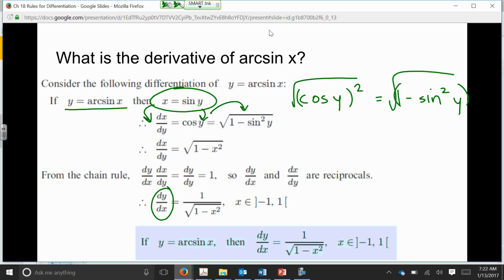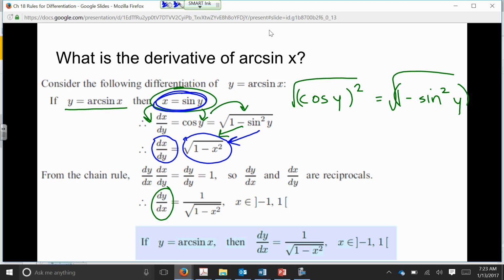The next step, going from the square root of 1 minus sine squared y to the square root of 1 minus x squared, all we're doing there is using some substitution with what we understand about this relationship. So now we have dx dy equals the square root of 1 minus x squared.